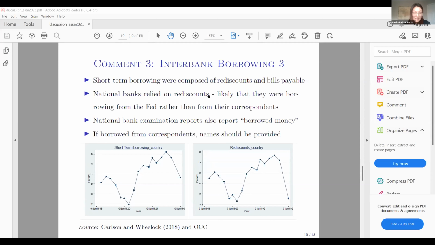But you are studying national banks, and if you look at national banks, it's mostly rediscounts. So if this is short-term borrowing, which is bills payable and rediscounts, and this is rediscounts, you can see that most of that was rediscounts. So the borrowing from other banks would have been very, very small, and I don't think it would have been a concern for you. I would just mention this, move it to the appendix, and focus on these other things.